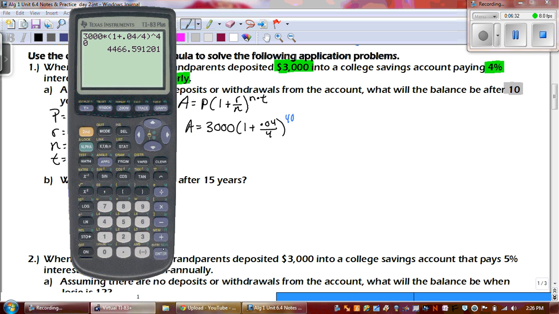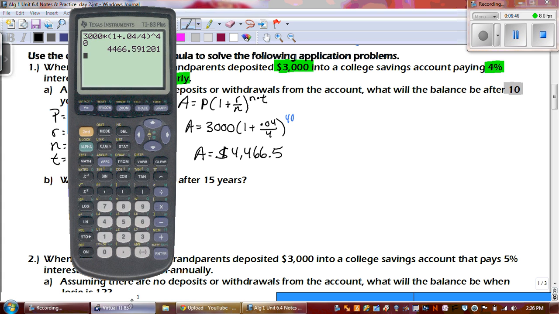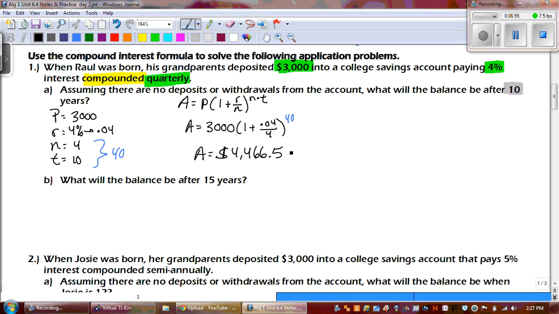And then we get our answer. So the amount of money that would be in that account would be $4,466. And we need to round, so I'm going to look at that 1. 5 or more, raise the score. 4 or less, let it rest. So 59.